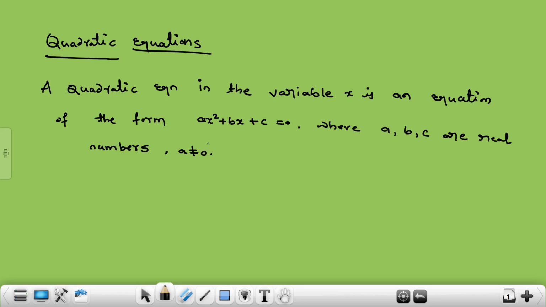So this is the definition of the quadratic equation, and this is the standard form of the quadratic equation.